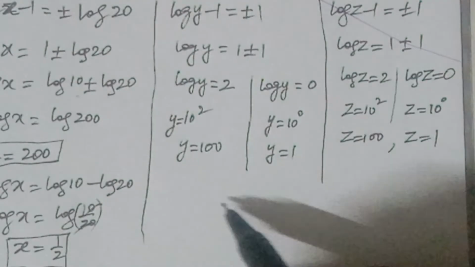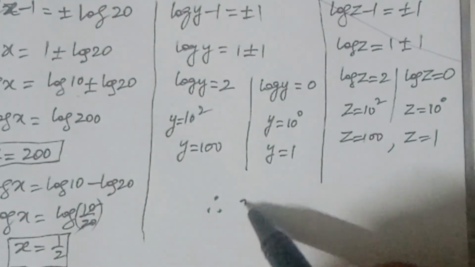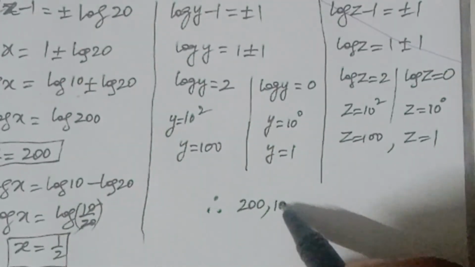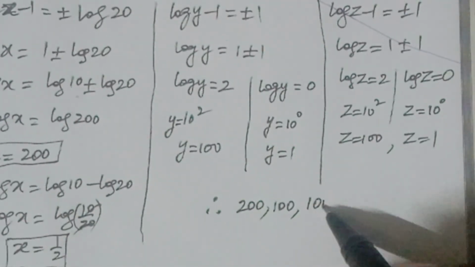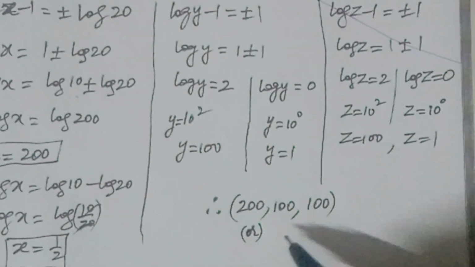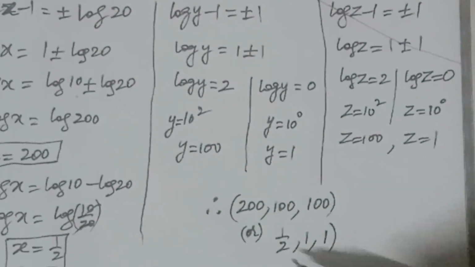So the possible solutions what we are having: x value 200, y value 100, z value 100. So the other case, or you can get x value 1 by 2, y value 1 and z value 1.